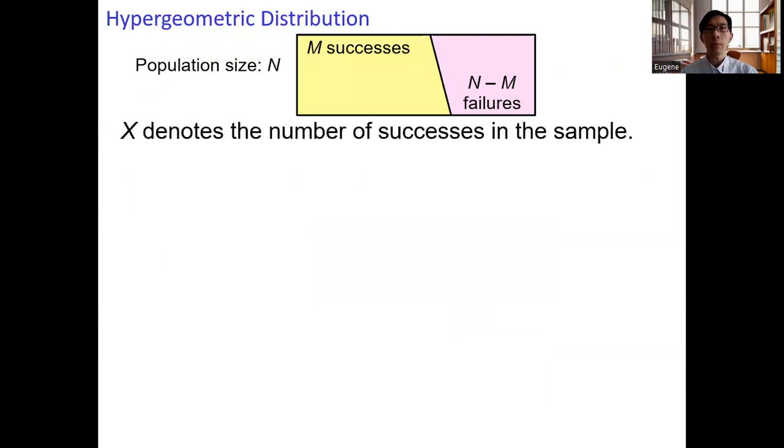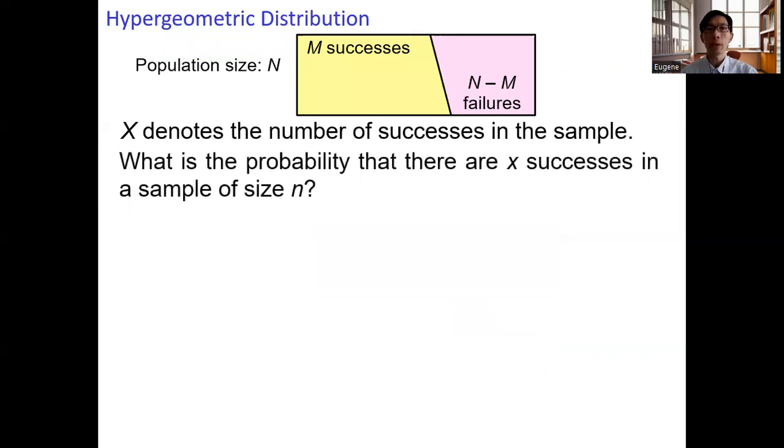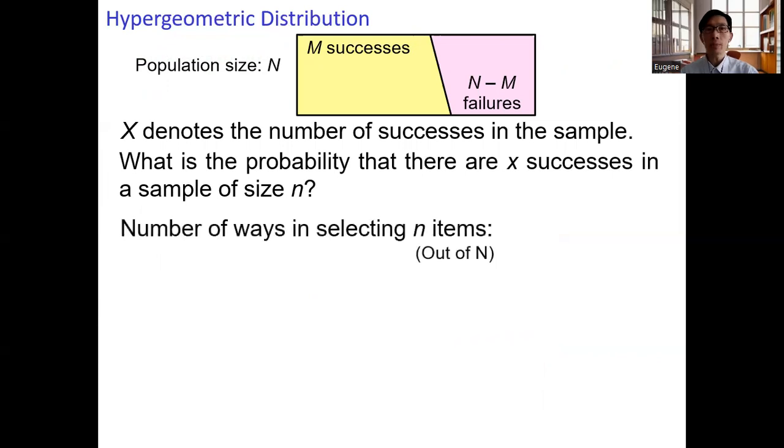Let x denote the number of successes in the sample. What is the probability that there are x successes in a sample of size n? The sample space is the number of ways of selecting n items out of the capital N items.